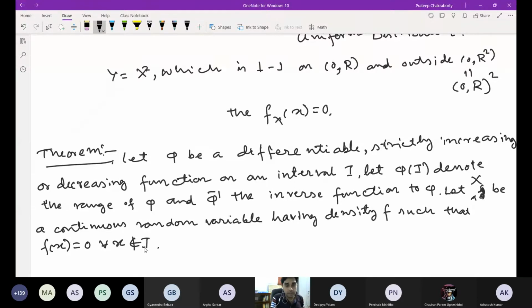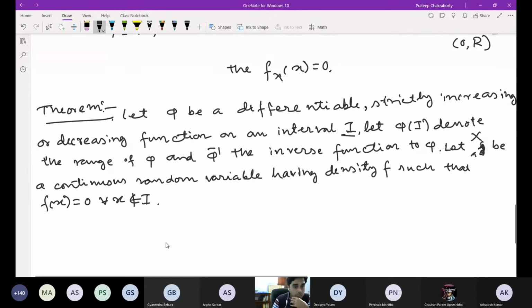So this is the interval I on which the function phi is differentiable and strictly increasing or decreasing, outside of which we don't have any control. Outside this interval I, the density function f is 0. This is exactly the previous case.